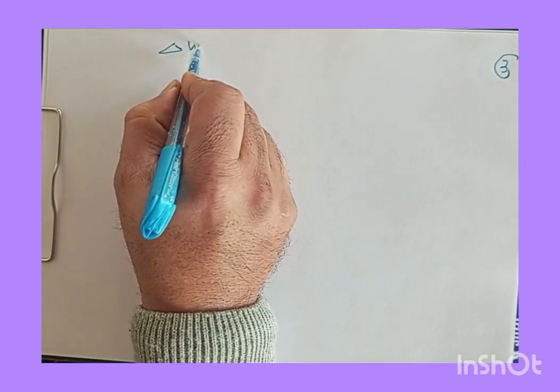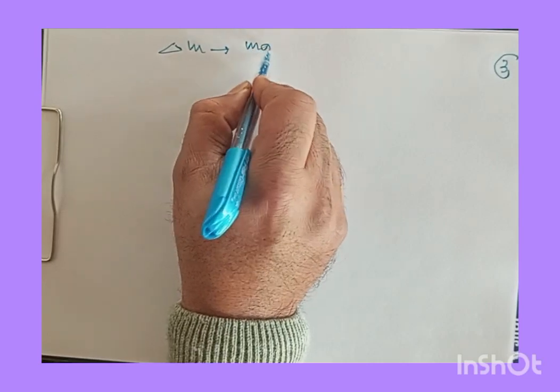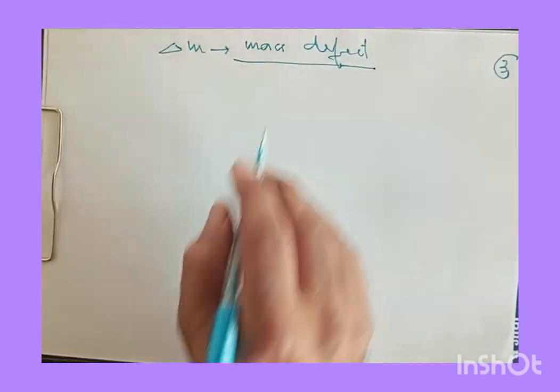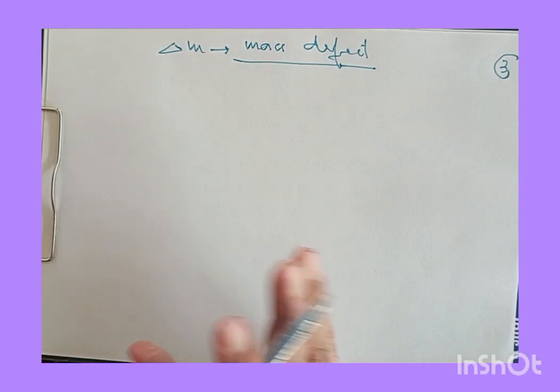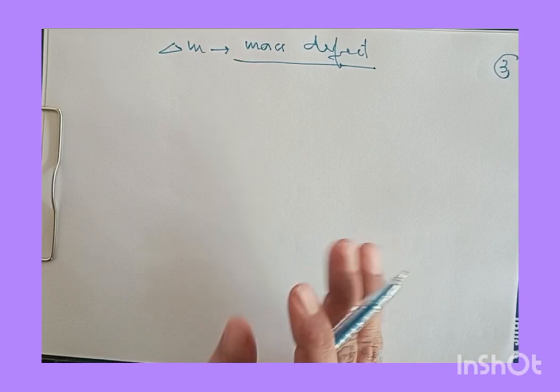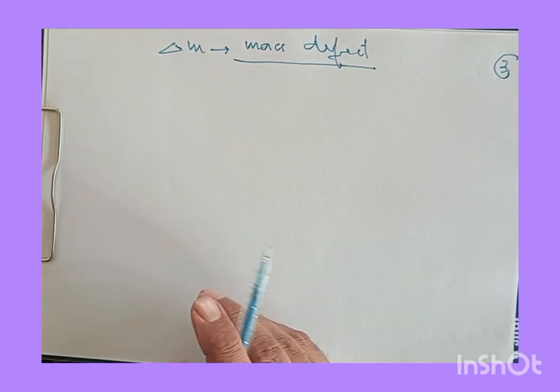Now the mass that we have, the delta m, is the mass defect. Now, we want to calculate this mass defect for the nucleus in terms of its parameters, in terms of its nuclides or nuclear species.